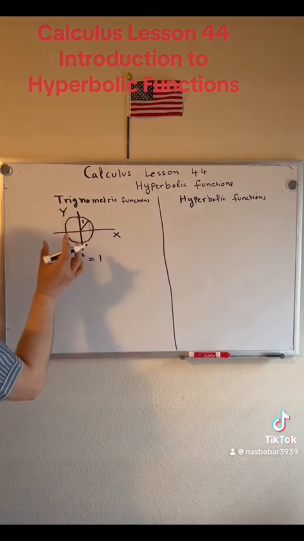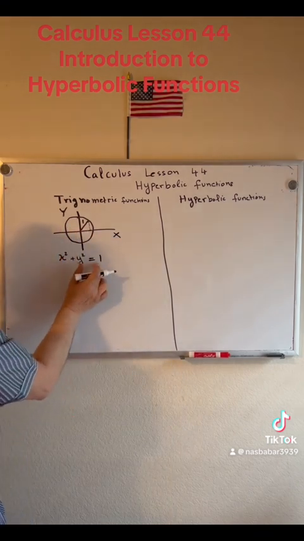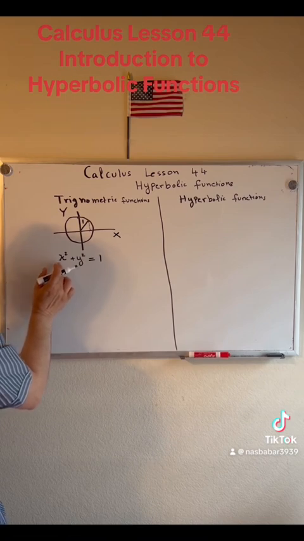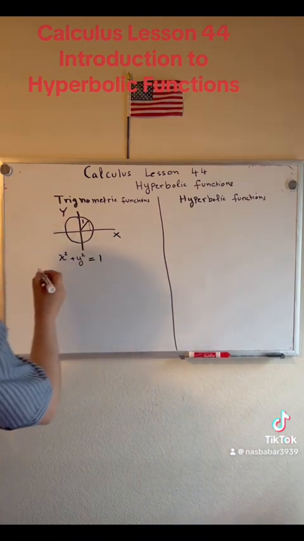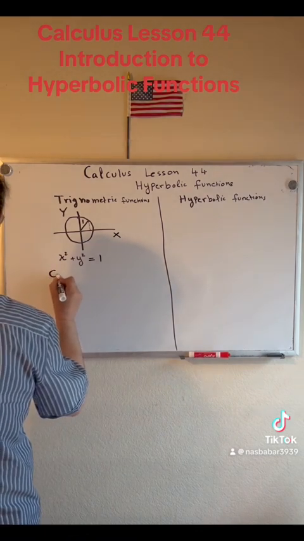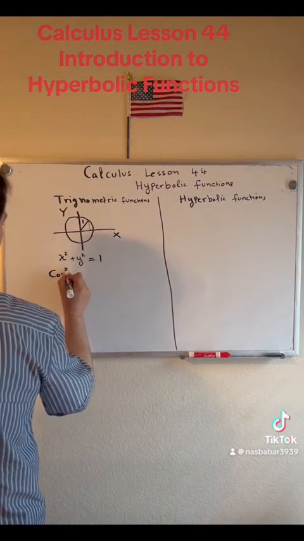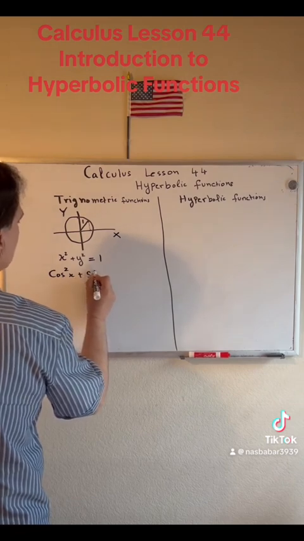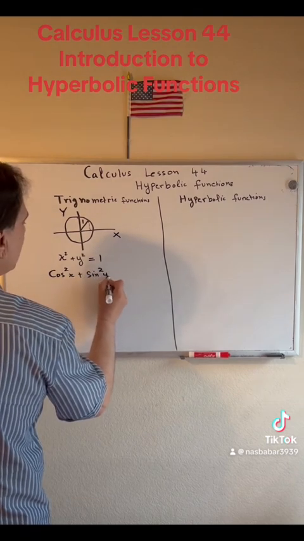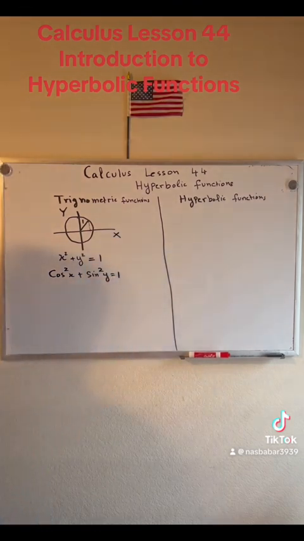So that is going to be 1 if you take the squares of x and y. Then, if that's the case, we can write this as cosine squared of x plus sine squared of y is equal to 1.